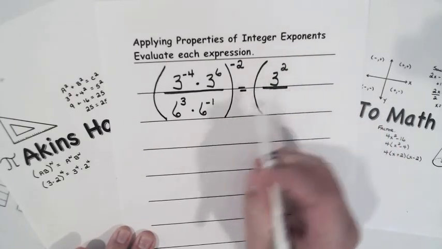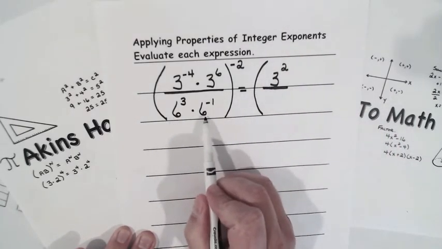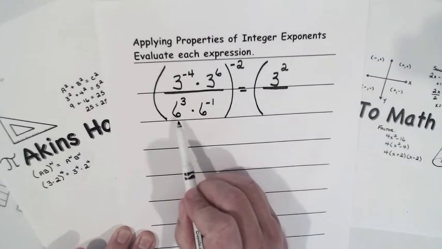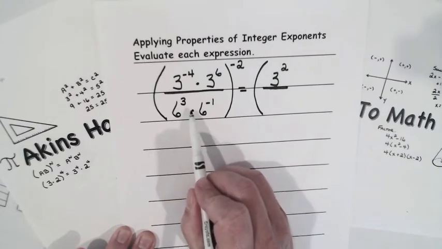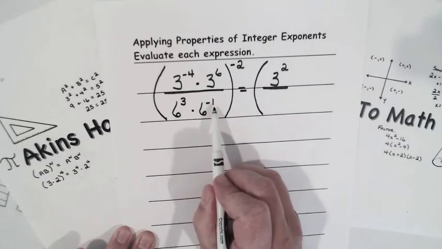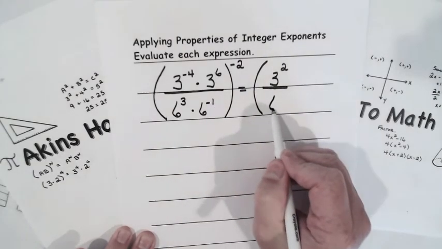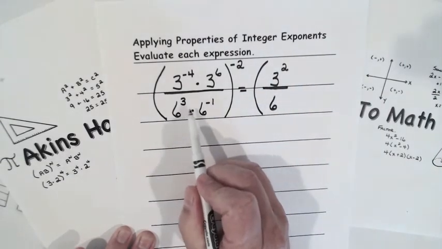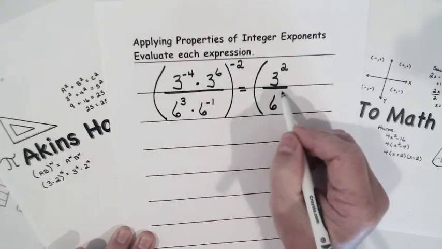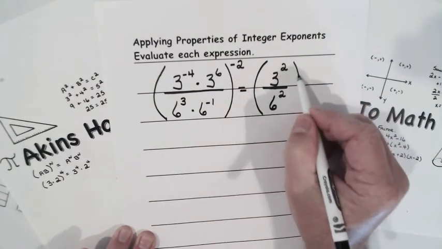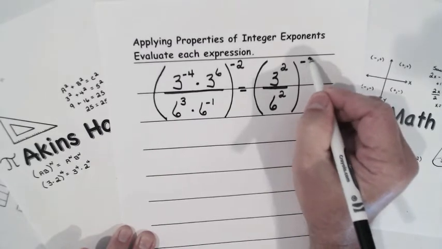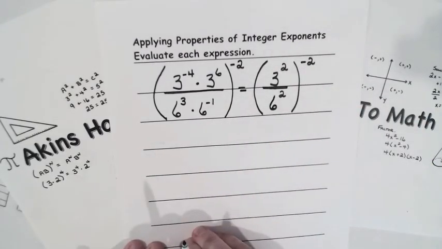We'll look at the bottom. I have the exact same bases in the bottom right here. If I have the exact same base and I'm multiplying, that means I can add these exponents right here. And that's what I'm going to do. I'm going to keep my base, a 3 and a -1 put together, +2. And I've got a -2 as an exponent on the outside.